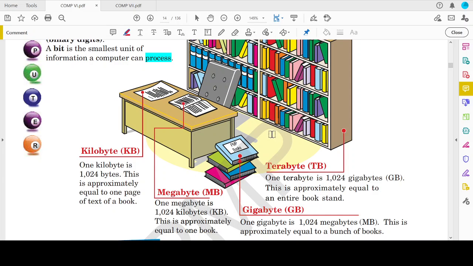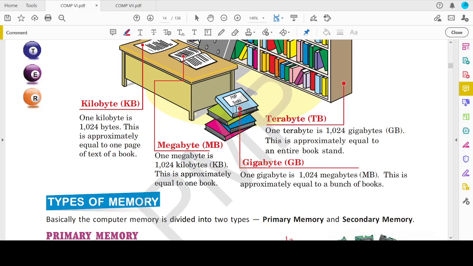So approximate memory requirement for a bunch of books on a particular rack, 1 gigabyte. This is approximately equal to a bunch of books. 1 terabyte is approximately equal to the entire book stand. So this one is too high.